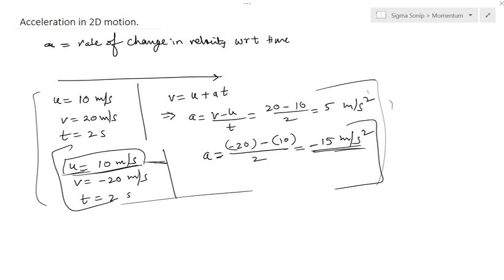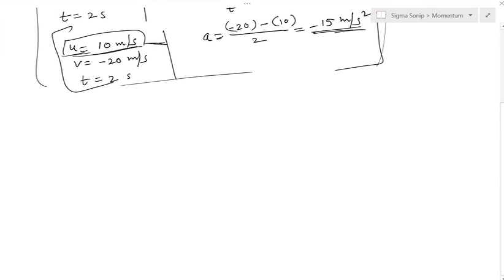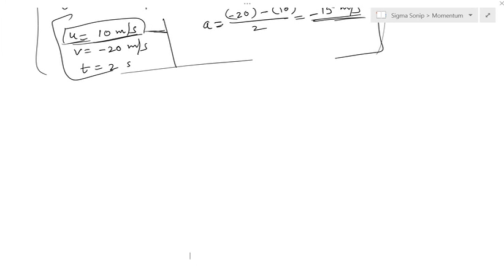So let's take a case here. I'll go straight to a numerical example. Say my initial velocity is 12 meter per second, and the direction is east. Just keep in mind that velocity is a vector, so I have to give the direction as well.